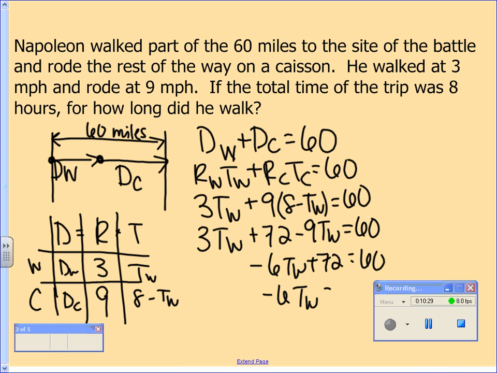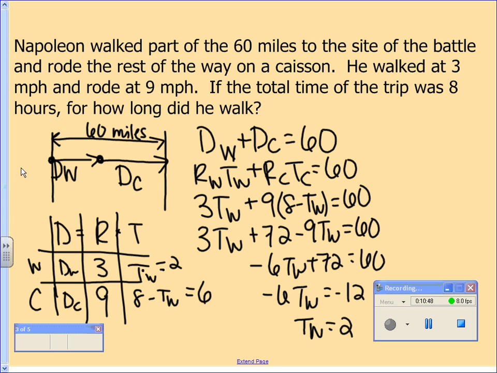Negative 6 TW equals negative 12. And so it would be 2. So if he walked for 2 hours, how long did he ride? This is 2 and this is 6. Does that make sense? Y'all see how that works?